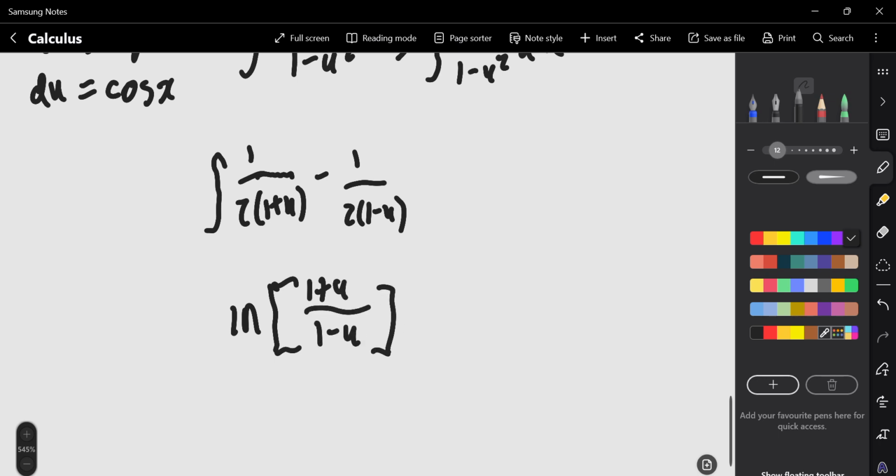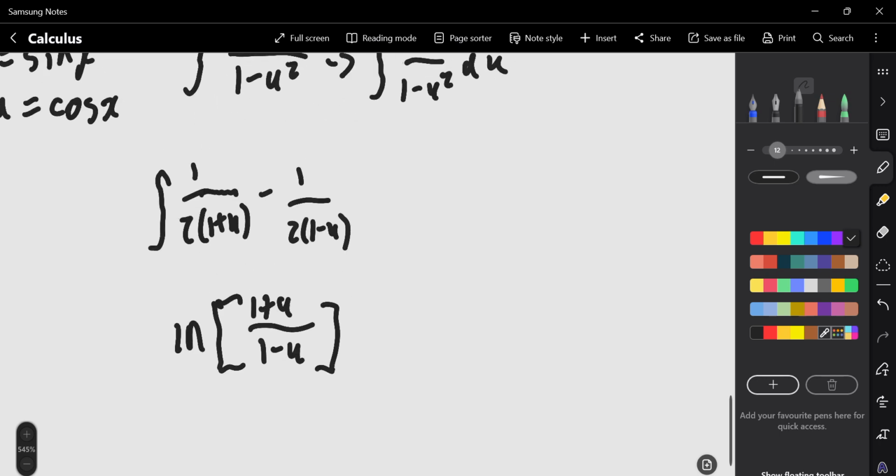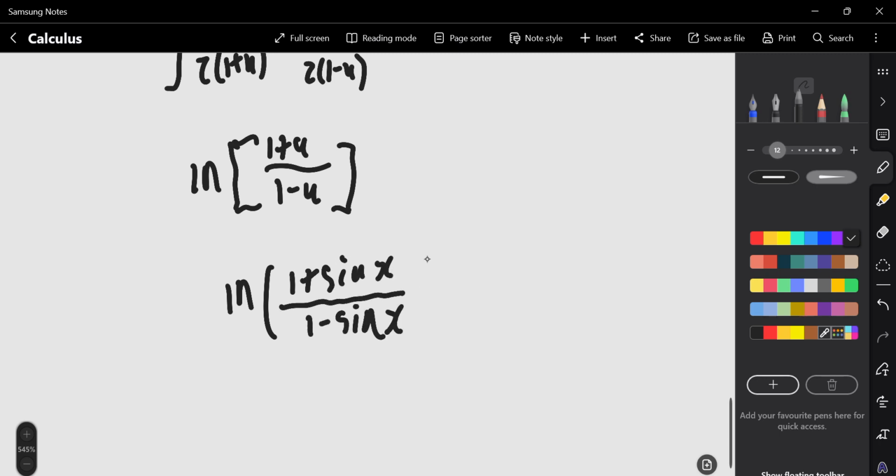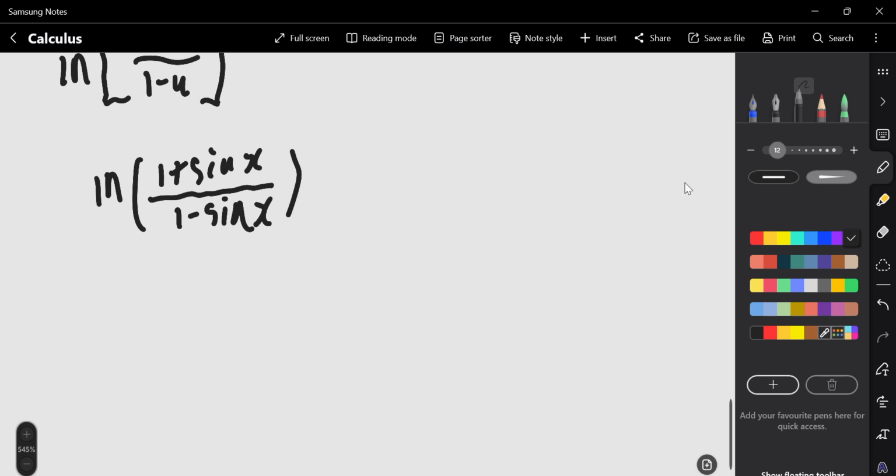And so that's the answer to this, but we're still in the u world. What is u? It's sine x. So we have ln of 1 plus sine x over 1 minus sine x. Now again, I want to manipulate this by multiplying through by 1, but we're going to pick the right power here. Let's do 1 plus sine x. So let's times this by 1 plus sine x over 1 plus sine x.